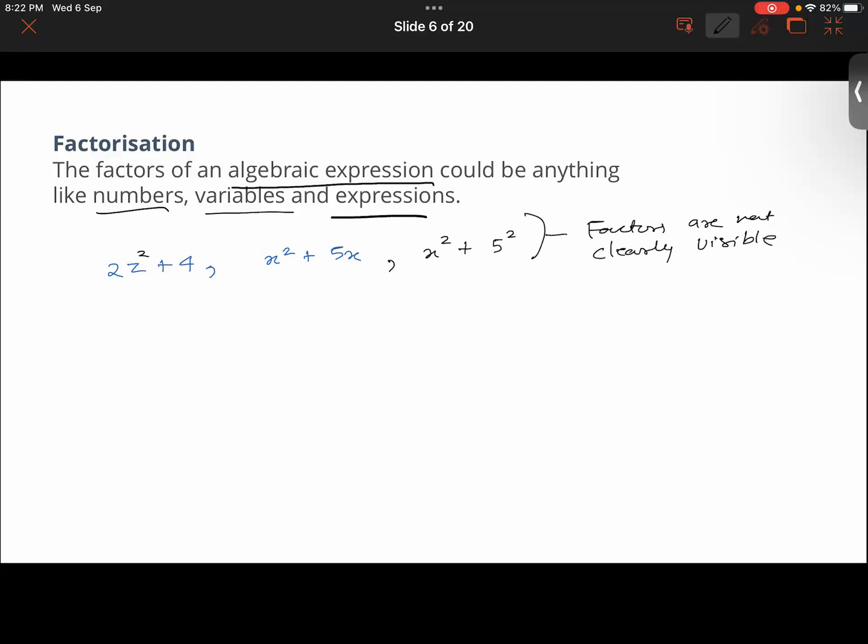We can see it, but suppose I were to make it more complex, let's say x square plus 5x square y, or expressions like a square y plus a cube y square, plus a raised to the power 4 y, a raised to the power 3 y raised to the power 6. So in this case it becomes a little bit difficult.